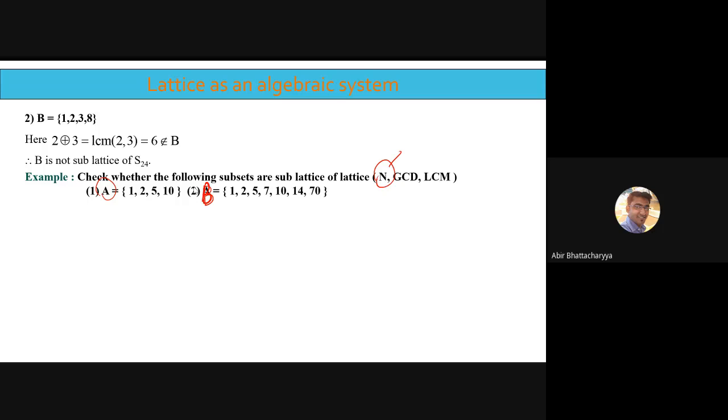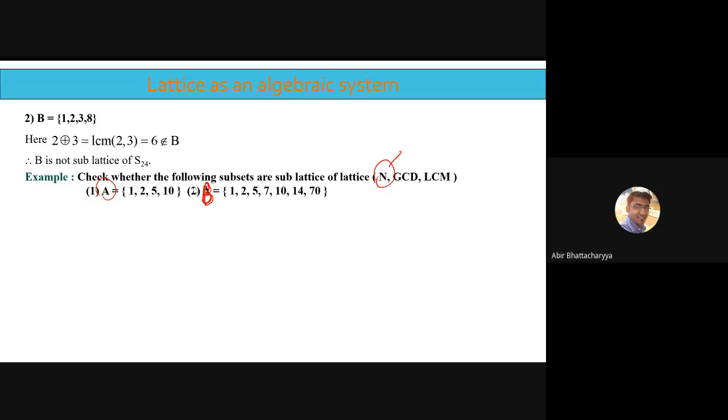For your information, just check it again and again. Try to calculate each and every LCM and GCD. All LCMs and GCDs should belong to A and B only. That is the main condition, not belonging to N. David, not belonging to N. GCD and LCM should belong to A and B only. That much you have to check.